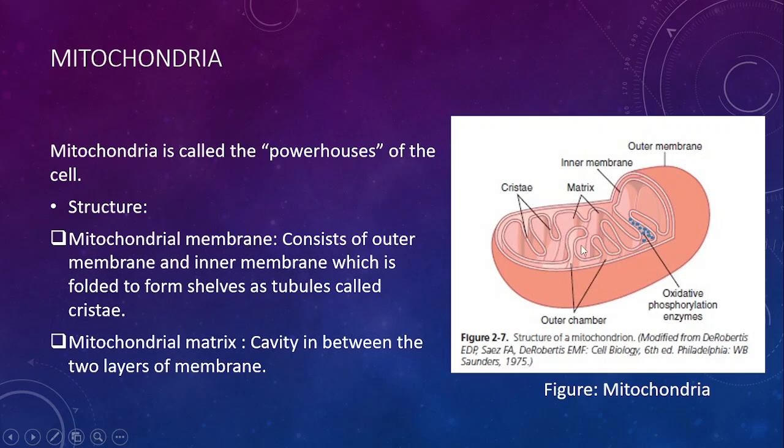This cristae is very important because they provide a surface area for these metabolic reactions to occur, and they also act as a source of enzymes needed for these metabolic reactions. Inside the mitochondria, the portion other than the mitochondrial membrane is called the matrix. This matrix also contains enzymes for a number of metabolic reactions.